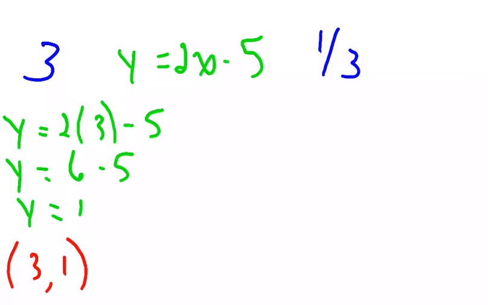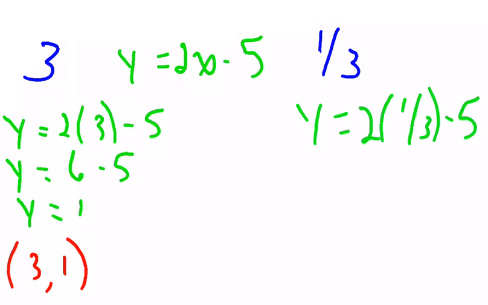Now over to here we have y equals 2 times 1/3 minus 5. This one will take a little bit extra, but 2 times 1/3 is 2/3. And then here you will probably need to do a common denominator to find that answer, but for the sake of time, we get negative 13/3.